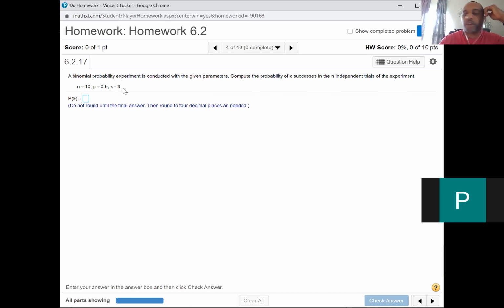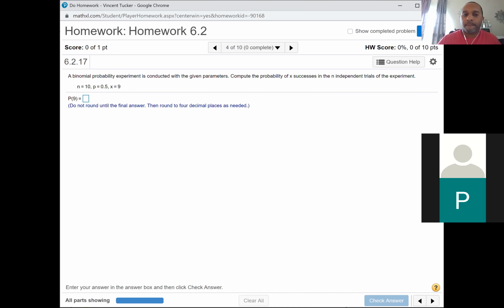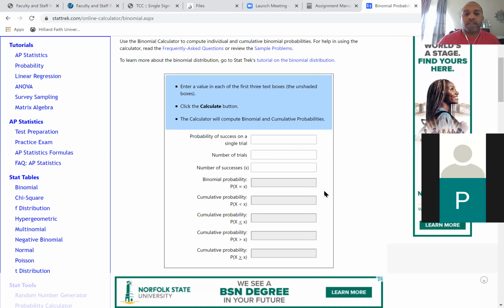So they give it to us right here. Let me just take a picture and then I'll be able to reference it without switching my screens.